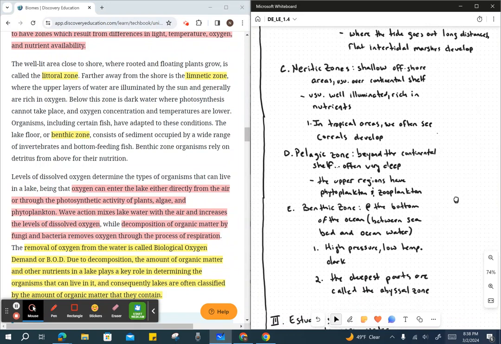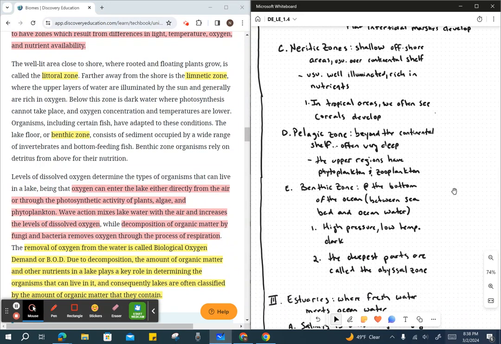Okay, so continuing with our ocean discussion here. What do you call the areas that are right off the shore in the ocean? We call them neritic zones. These are areas right off the continental shelf. Now you got to remember, think back to your Earth and space science.